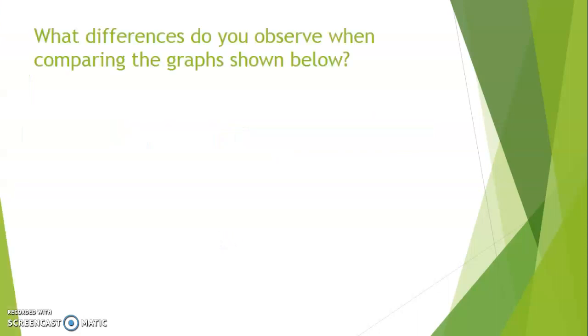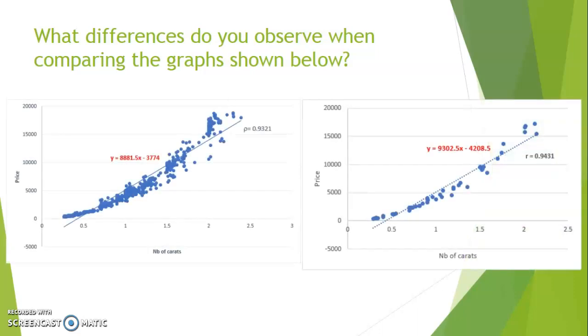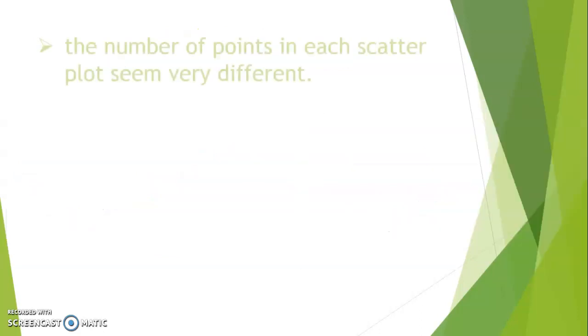Let's start with just a graphical observation. What differences do you observe when comparing the following graphs? Of course, there are definite similitudes between them, but some elements kind of stand out. The number of points in each scatter plot seem very different.